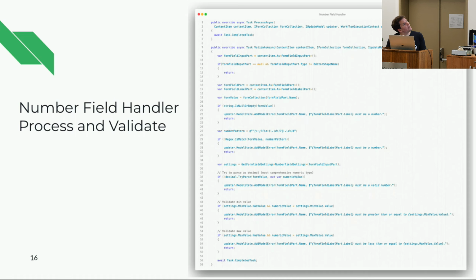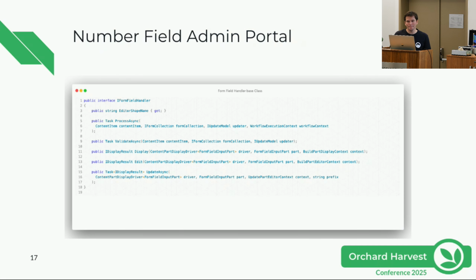So getting all the settings, custom settings, any required. And the second part is just about specific validation for that particular input. At the top, you'll see that there's nothing in the process async because this doesn't really need to do anything.